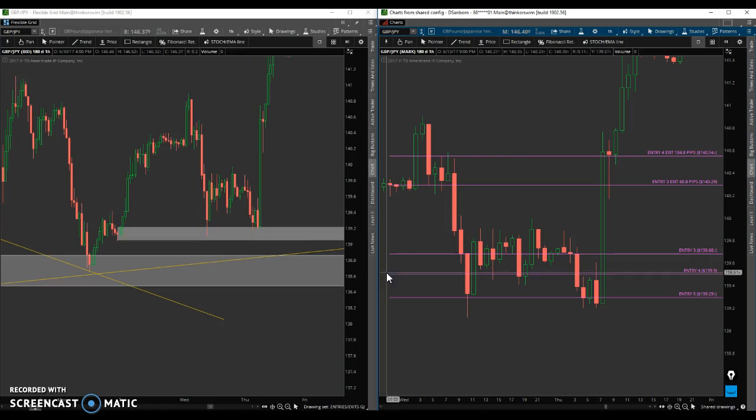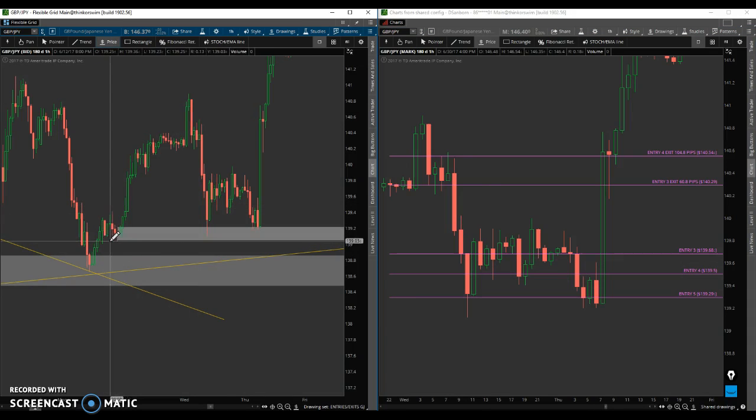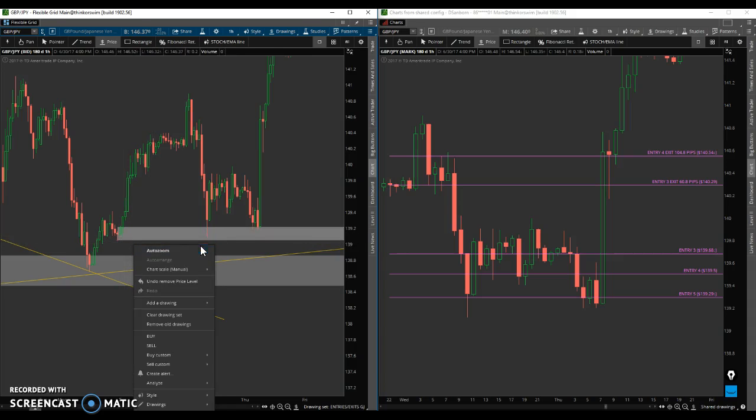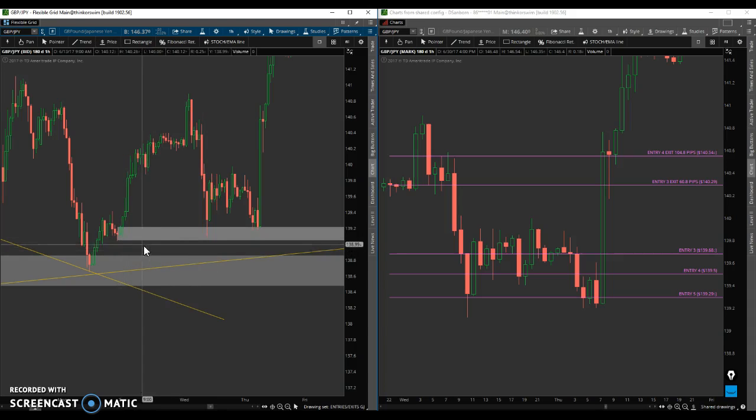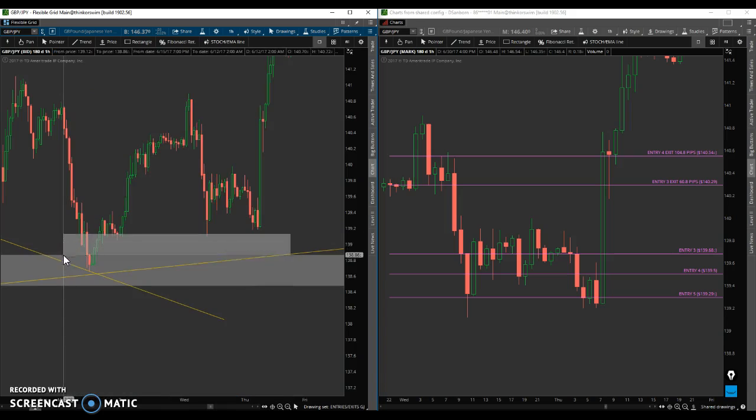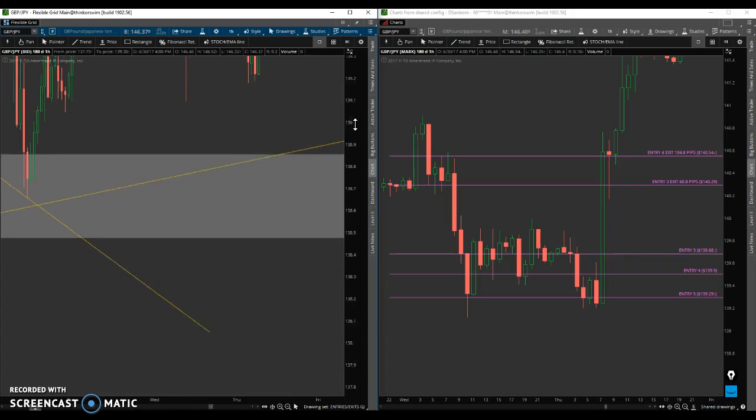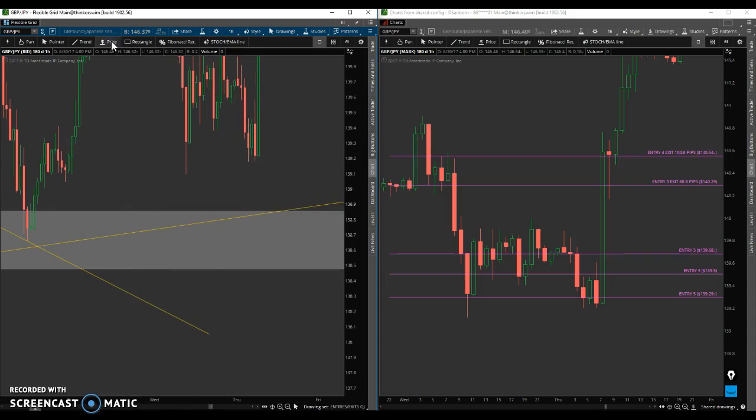Stop wise for all three of my entries was right around, well, not there. I don't remember exactly where it was, but it was right around 139.10-ish, essentially the low of this candle. We have this little zone of interest that I had marked there, but it was essentially right below this wick.